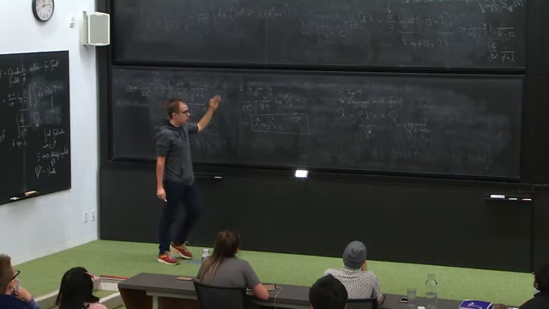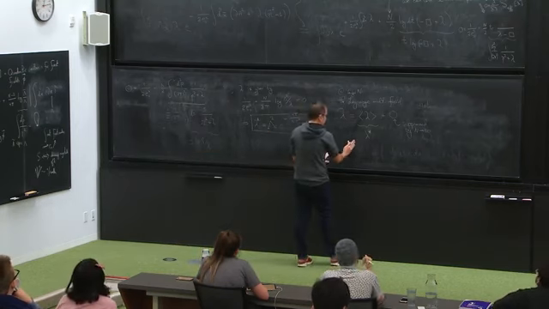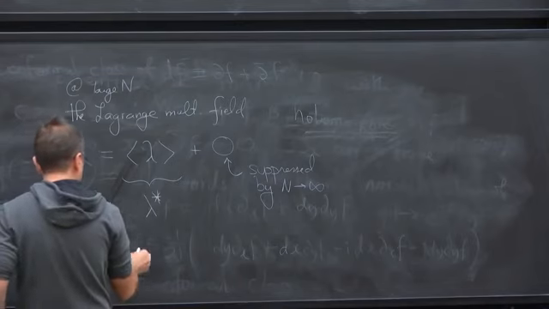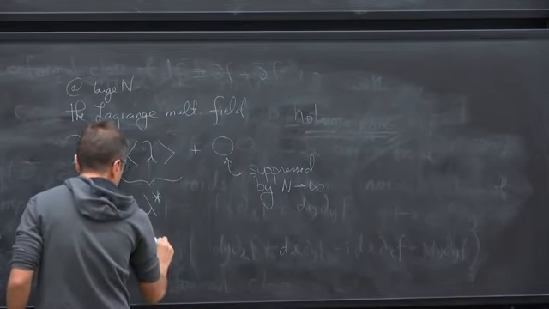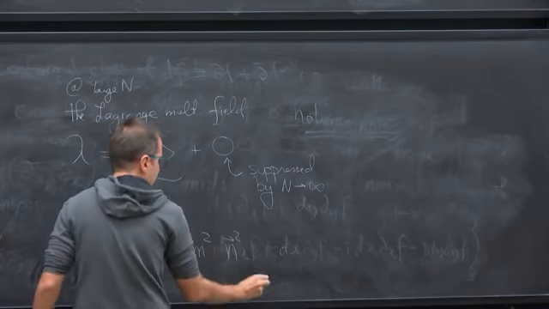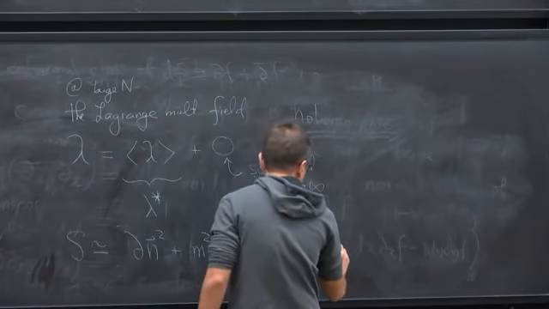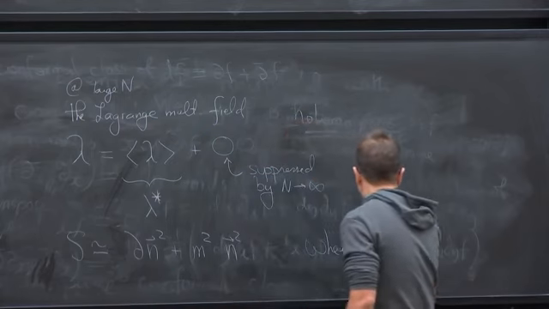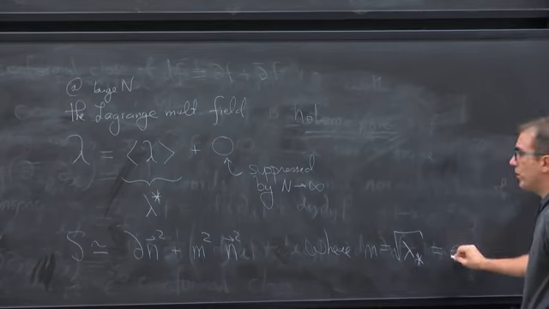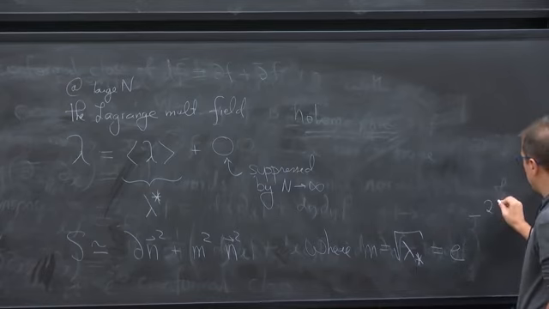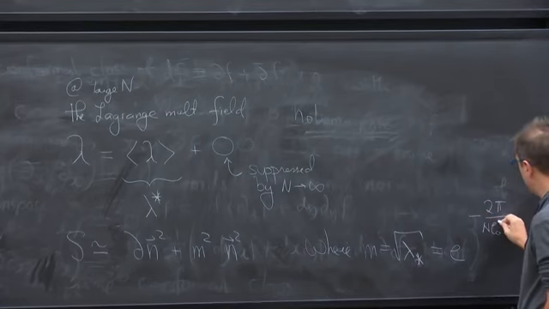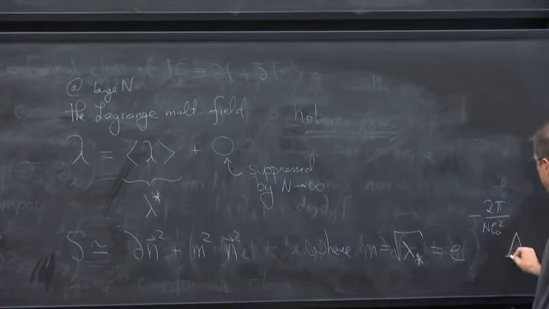So we conclude that at large n, our action is approximately equal to derivative of n squared plus some effective mass squared times n squared, where m is basically the square root of this lambda star, which is therefore e to the minus 2 pi over n E0 square times the cutoff lambda.